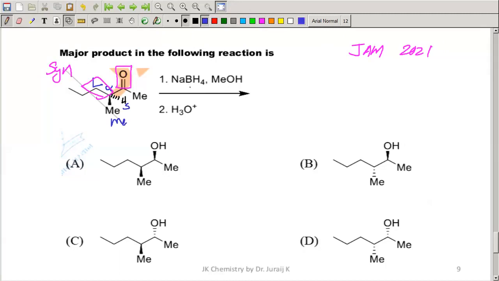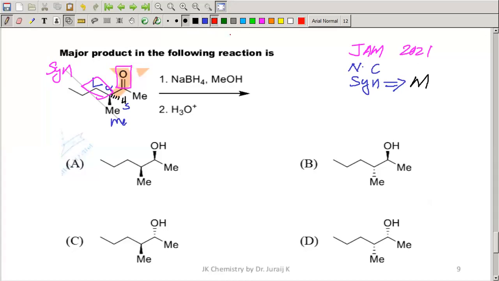Sodium borohydride, no metal, no chelation. So what will happen? If it is syn, attack takes place from the side of the medium group. That is our conclusion.